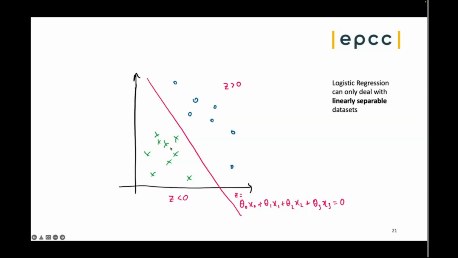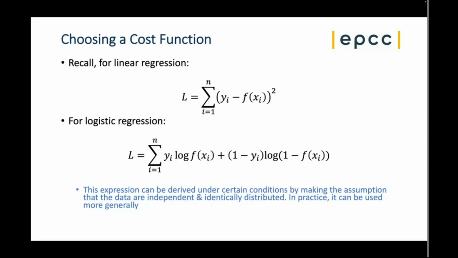These data sets are nicely linearly separable, which means I can put a line, or a hyperplane in a large number of dimensions, in between them and say that all the points on one side belong to one class and all the points on the other side belong to another. That's not true in general, which is why logistic regression tends to only work in simpler classification cases.